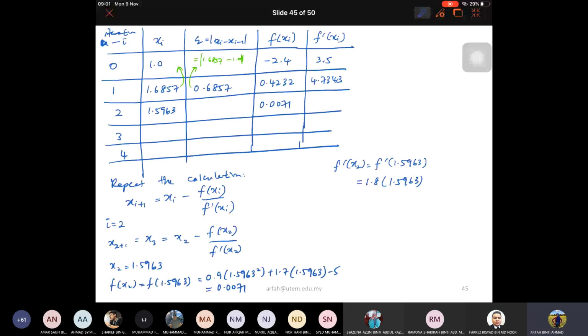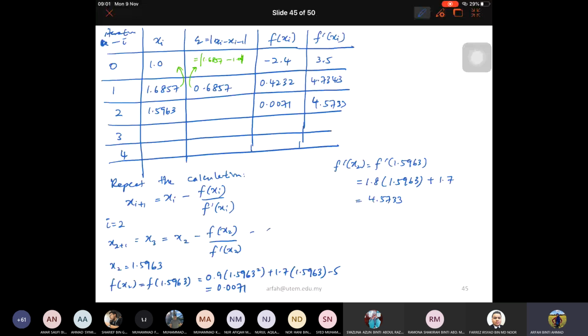So dapat jawapan dia sama dengan berapa for this one? 4.5733. 4.5733. Okay. So masukkan dalam ni 4.5733. So baru awak dapat kira untuk x yang ketiga by using this formula from here.